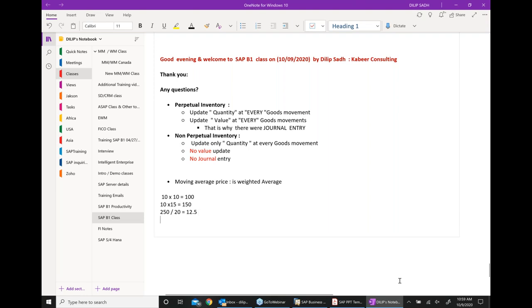Now the second one is standard price. With standard price, we set up a fixed price for a material, and that becomes the basis for all goods movements. The price is fixed.